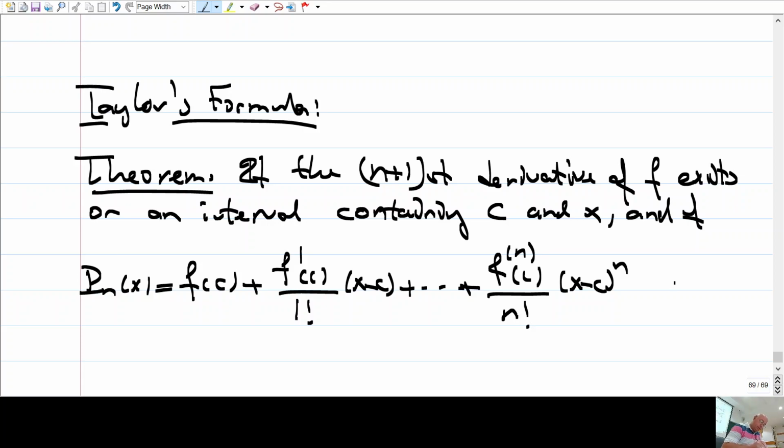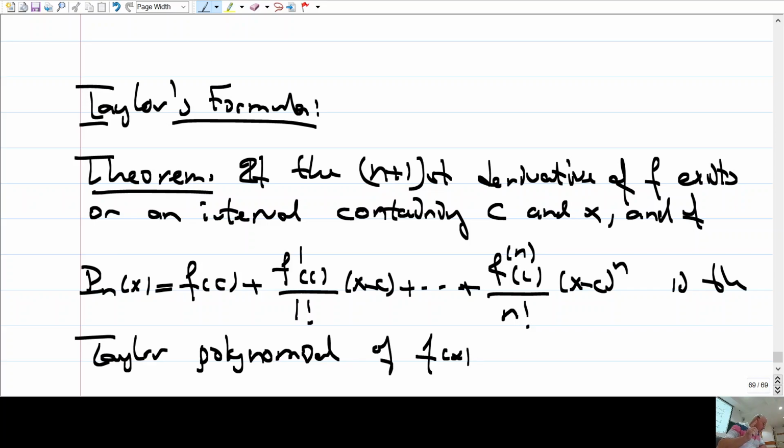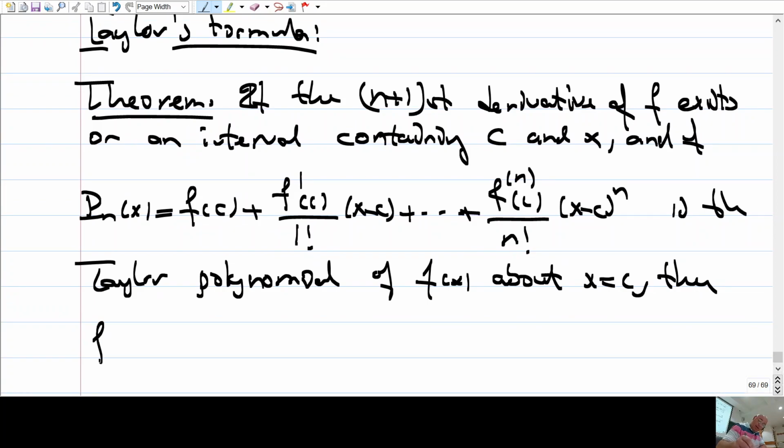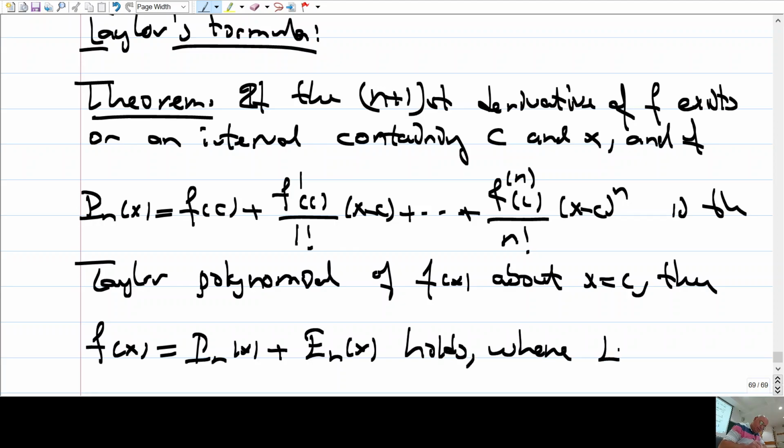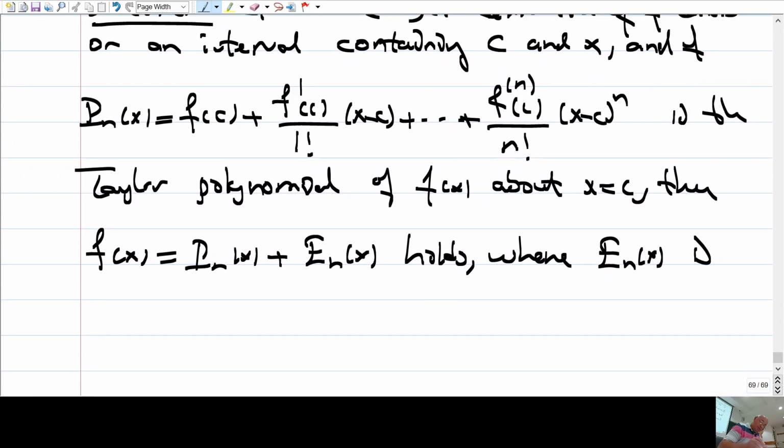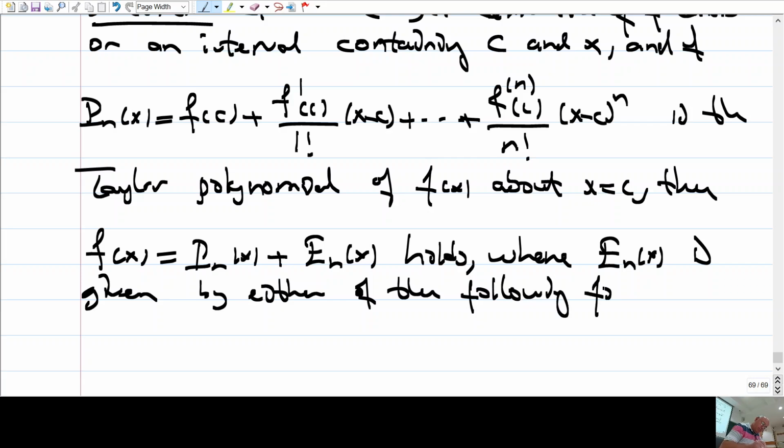This is called Taylor polynomial. If Pn of x is the Taylor polynomial of f of x about x equals c, then f of x is equal to Pn of x plus En of x holds, where En of x is given by either of the following formulas.